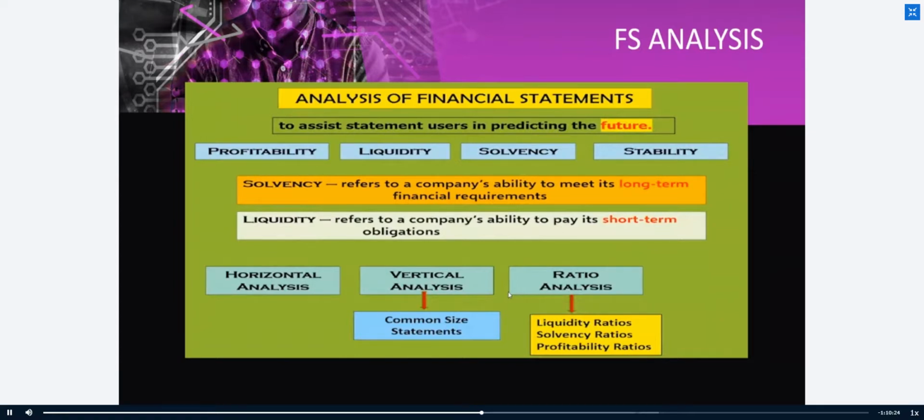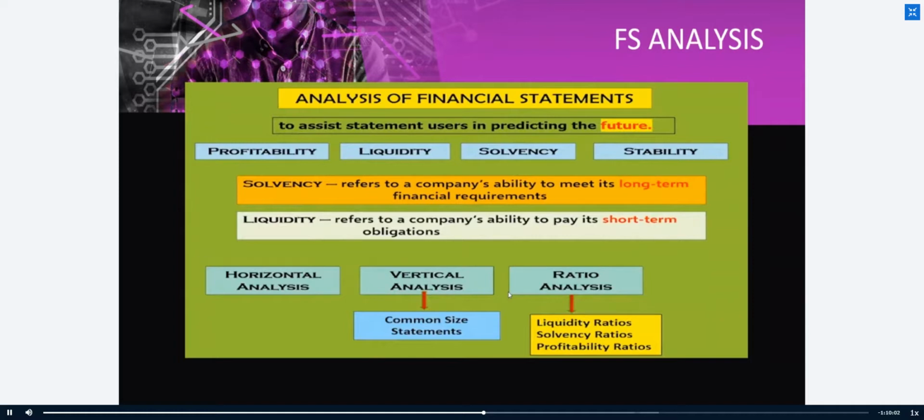Vertical analysis, it's common size statements. So if you're dealing with your income statement, your net sales would be your base, meaning your net sales would be your 100%.